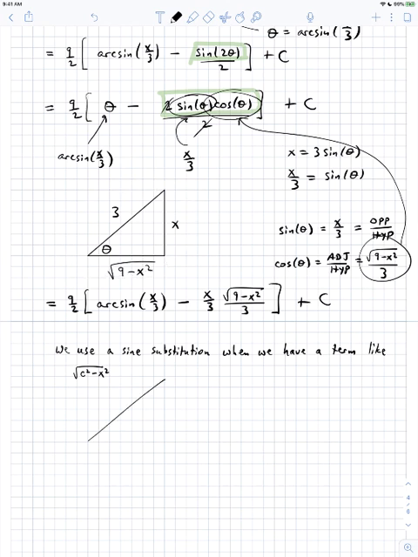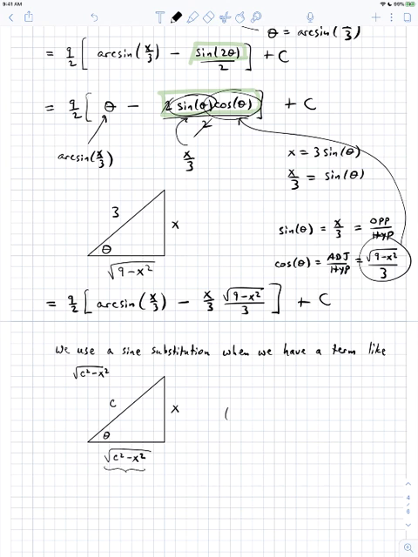So if we draw a right triangle, just like the one that we drew before, we let this angle be theta, and we let c be the hypotenuse, and x be the opposite side. Then the adjacent side is the square root of c squared minus x squared. This is just the Pythagorean theorem.